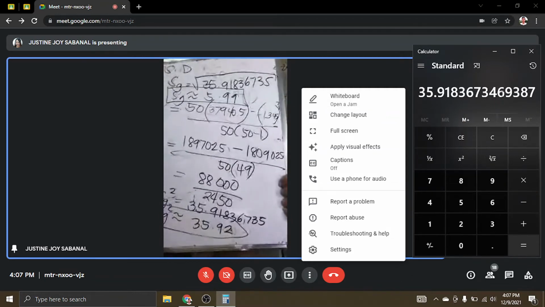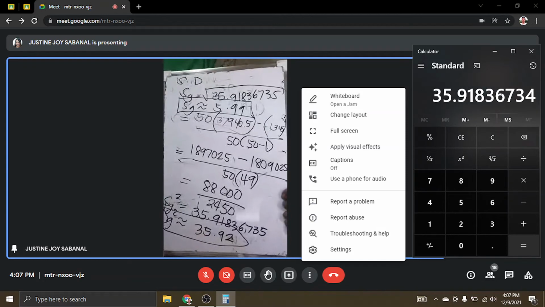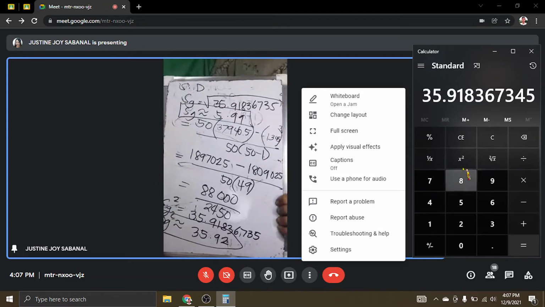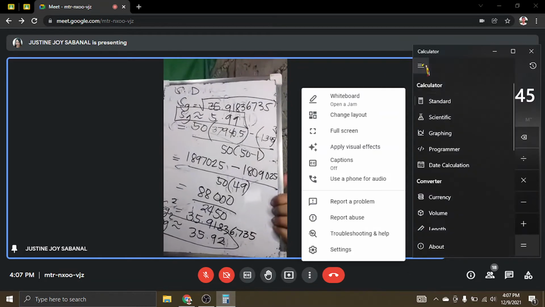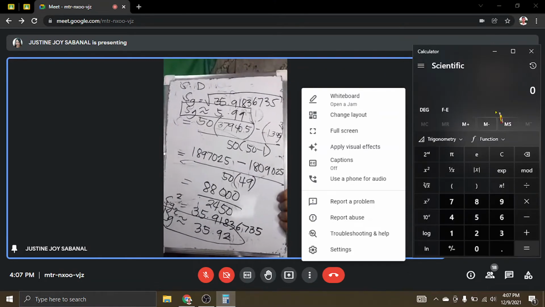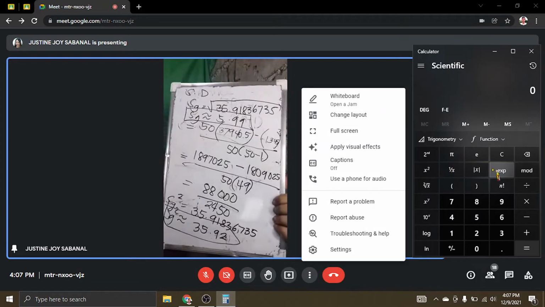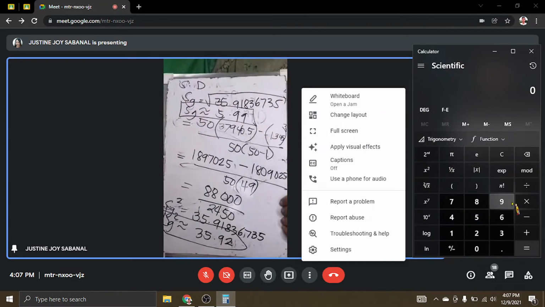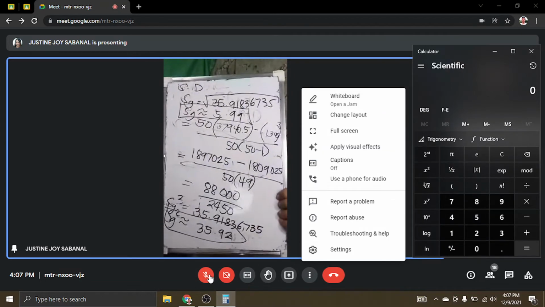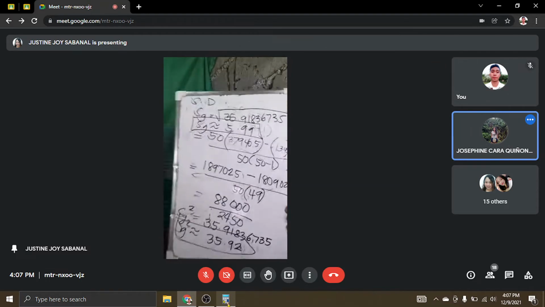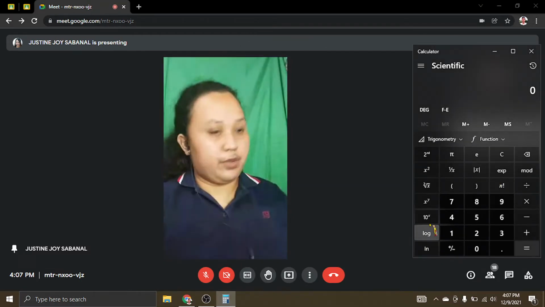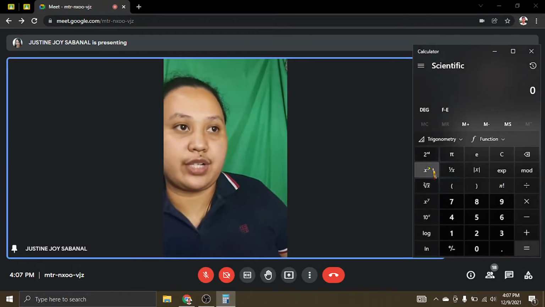So, ganun lang yung gagawin. So clear po, nasundan naman yung variance standard deviation po ng group data. Nasundan po. Yes po. Thank you. So, yun lang po ang sa measures of variation natin.